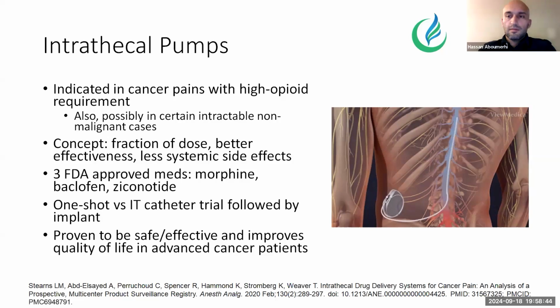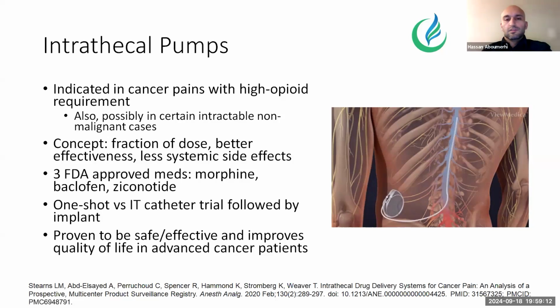And really, the most common use is in cancer pain patients who have a high opioid requirement, and as a result, they are basically dealing with a lot of side effects related to opioids, in particular, constipation. But intrathecal pumps are also quite useful in patients who have certain intractable non-malignant pains.